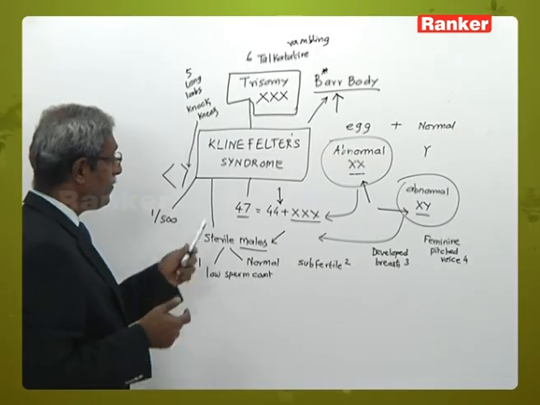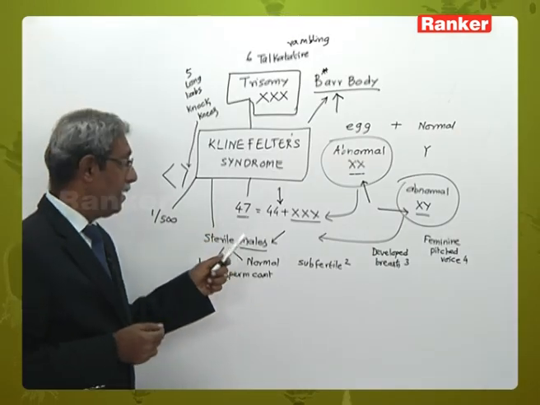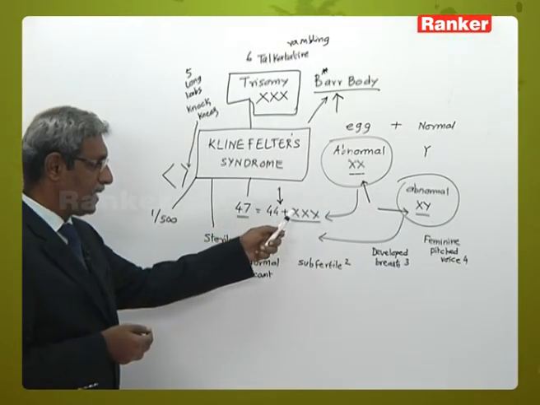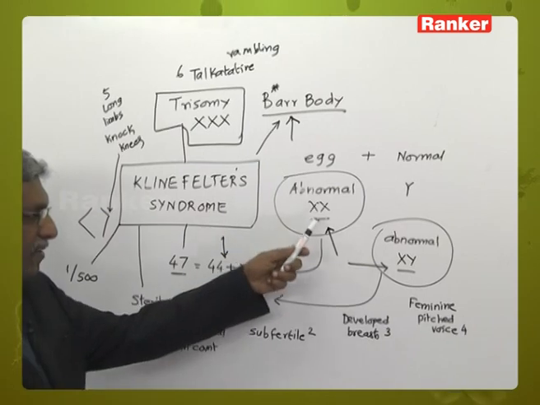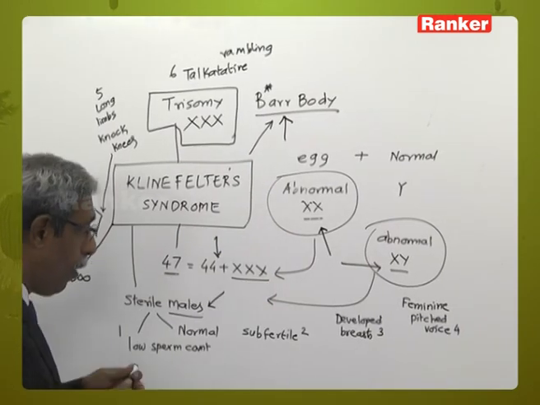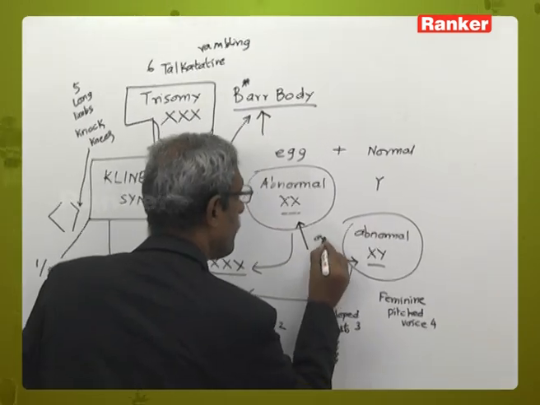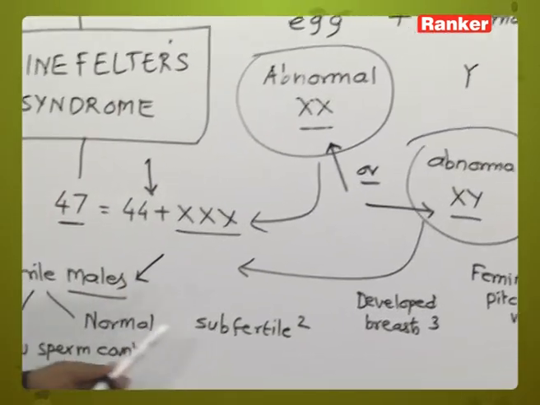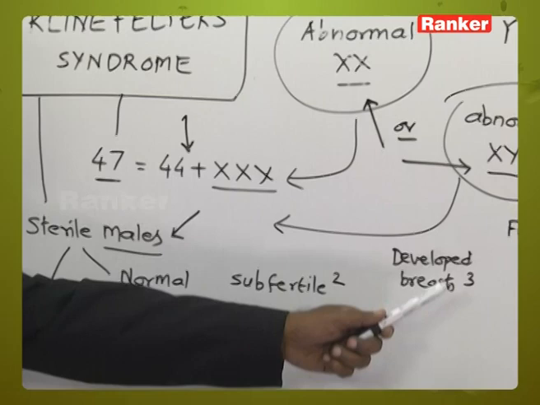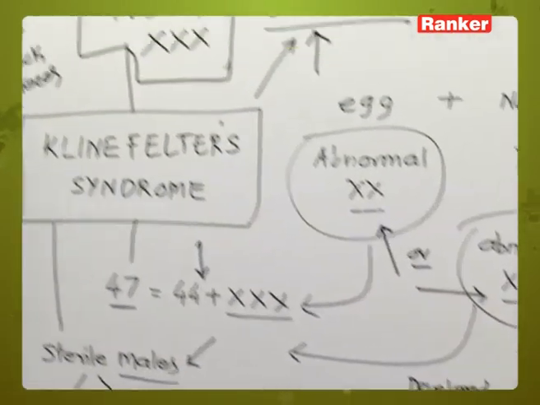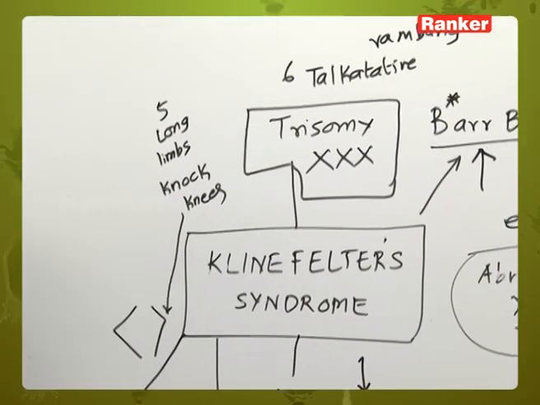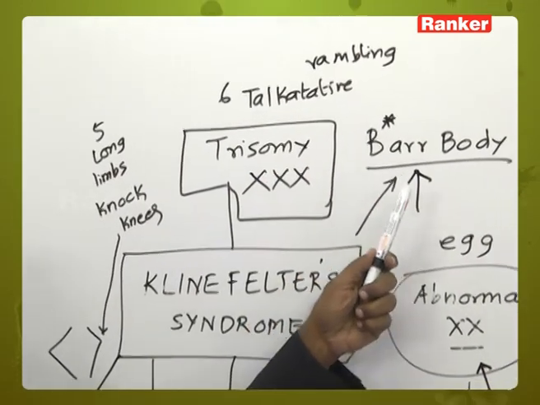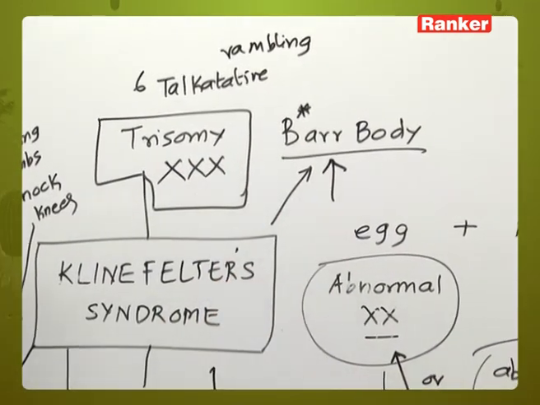So these are the basic features of Klinefelter syndrome. In summary, it is 47, 44 plus XXY, with an abnormal XX or an abnormal XY. The features are sterile, subfertile males, developed breasts, female pitched voice, long limbs, and a rambling, talkative nature, and they are identified by the bar body.